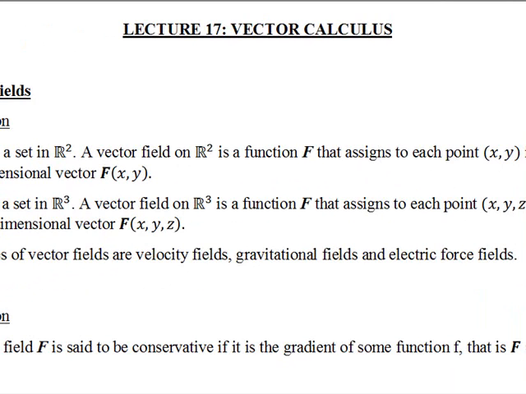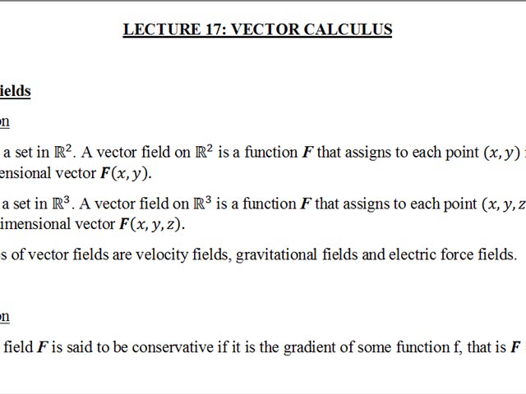Right. So vector field, what is a vector field? Let D be a set in R2. A vector field on R2 is a function, capital F, that assigns to each point x, y in D a two-dimensional vector, F of x, y.